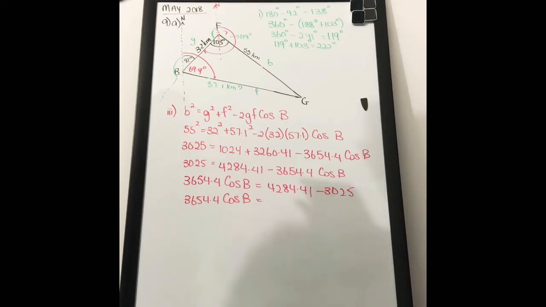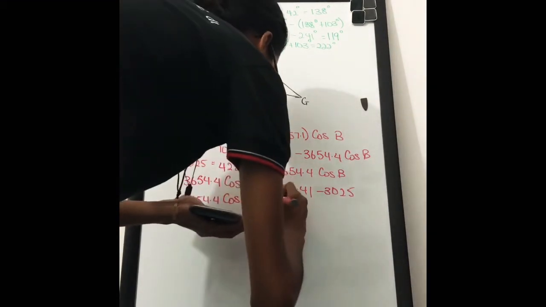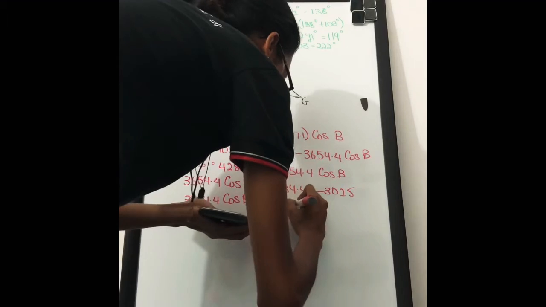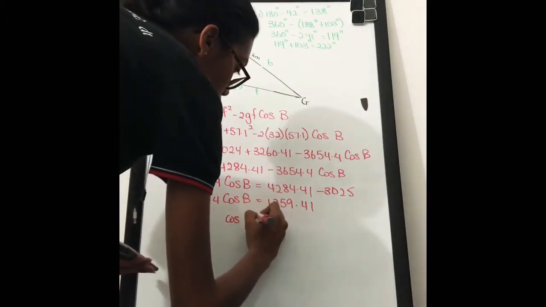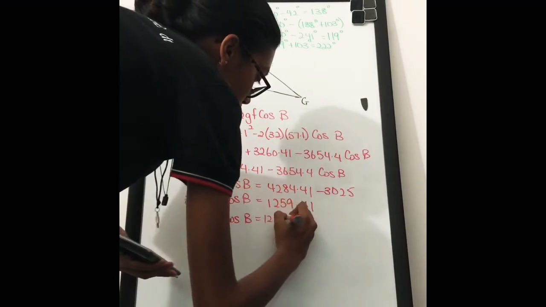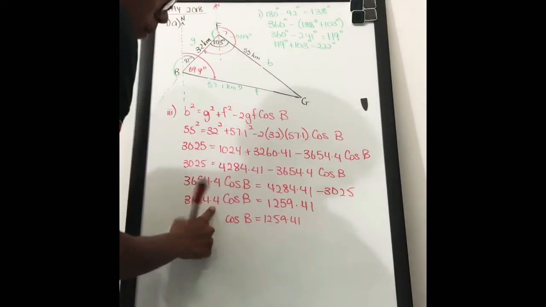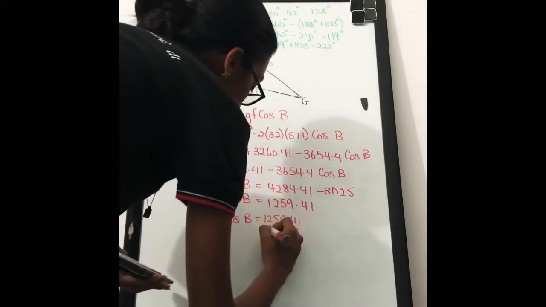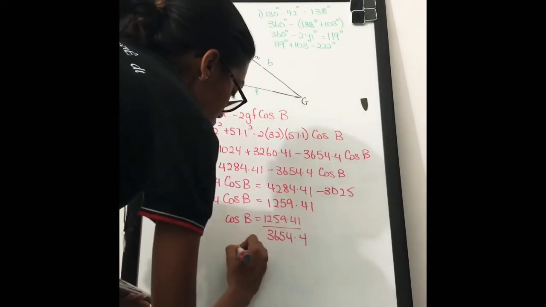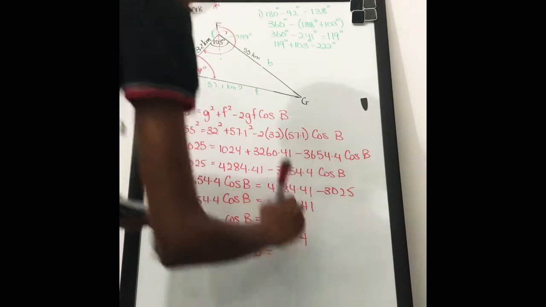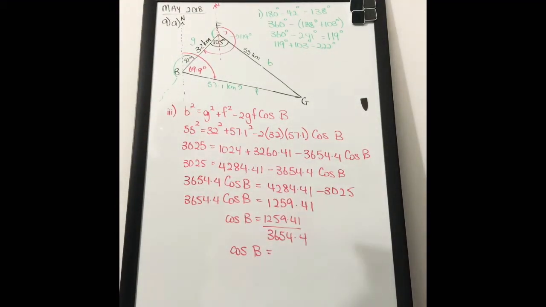Right, we get 1259.41. So cos B now would be 1259.41. Remember this is multiplying, so we'll divide when it comes across, by 3654.4. So cos B is equal to 1259.41 divided by 3654.4.